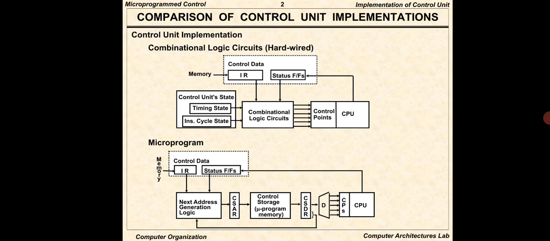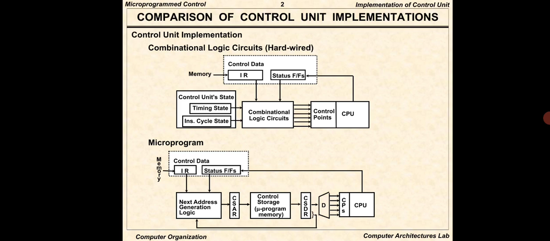Based upon our requirement, if I want to generate a particular control signal, that particular microprogram is already there in my memory. So it will go to that memory, execute that microprogram and generate the result.